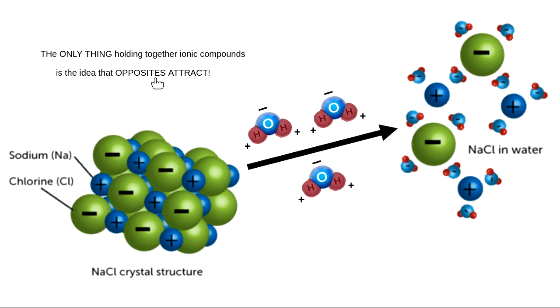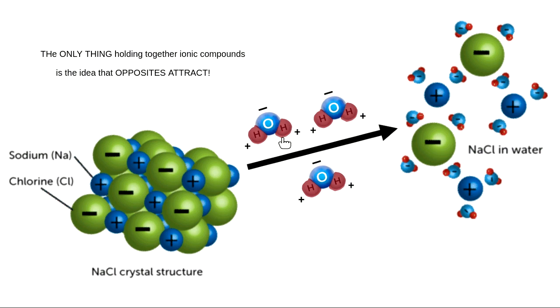Because see, that gets really important when we're talking about putting this salt crystal in water. Remember, water has a partial negative charge and partial positive charges because it has dipoles.